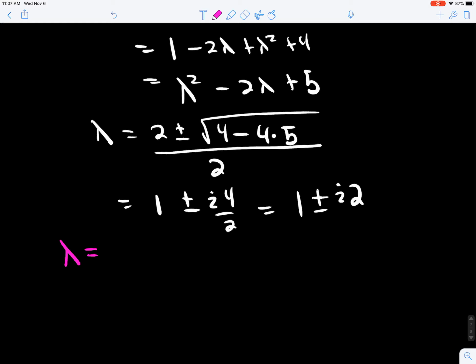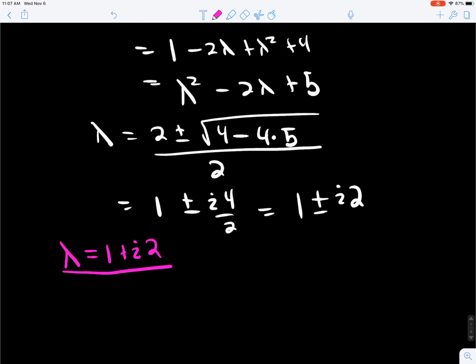When your lambdas are all real, you find eigenvectors for each one of them. But in this case, we're only going to be using one of them. We only care about one of them, and this single eigenvalue is going to give us the two necessary vectors that are linearly independent and also our solutions.